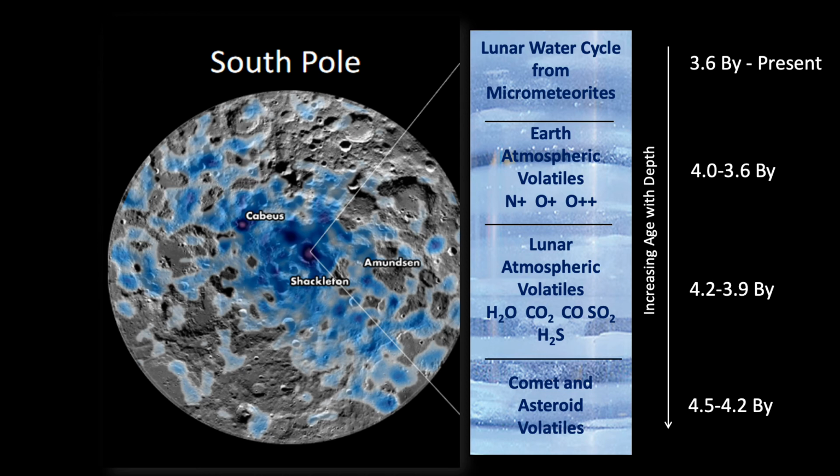Also, we would expect the Earth atmosphere contribution. And then, of course, water that's coming from that current water cycle of micrometeor impacts on the moon.